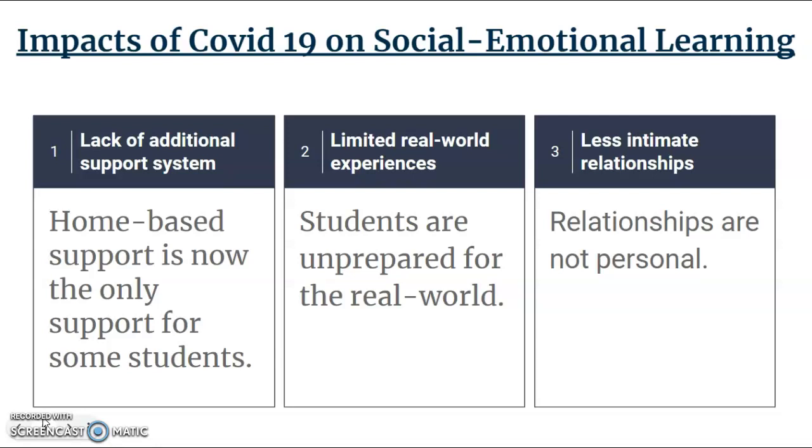The third and final impact that I identified is less intimate relationships. And this is because now students are at home, they're behind the computers and the phones and the tablets, and they're not able to form relationships in person or through physical interaction that will cause them to build that strong connection to actually help relationships to last.